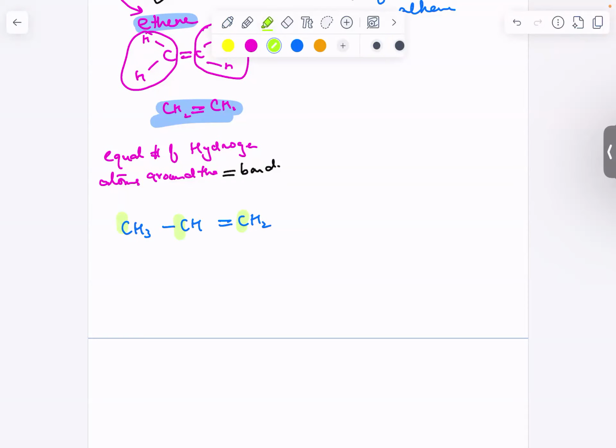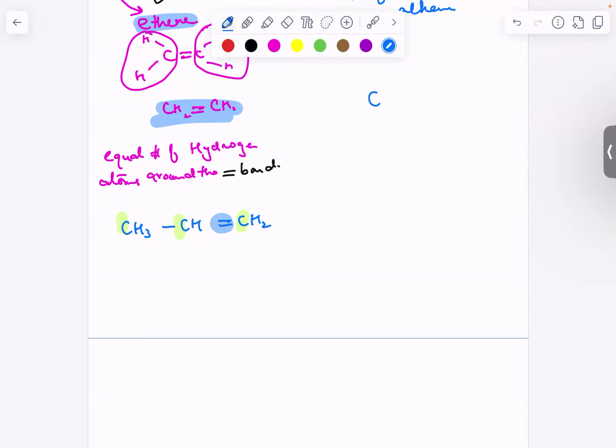If you look closely, this is an unsymmetrical alkene. Around the double bond we have one carbon atom to this side and two carbon atoms to this side. Towards the right side we have two hydrogens, and towards the left side we have one hydrogen here and three hydrogen here. So this is the example of unsymmetrical alkene.